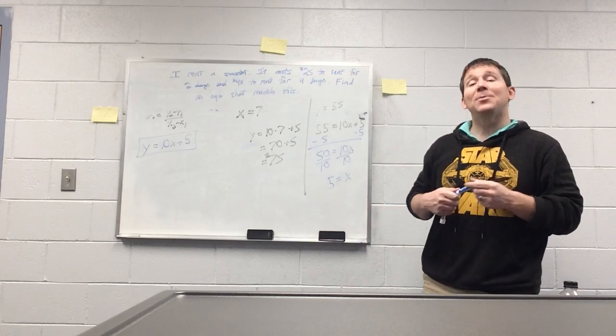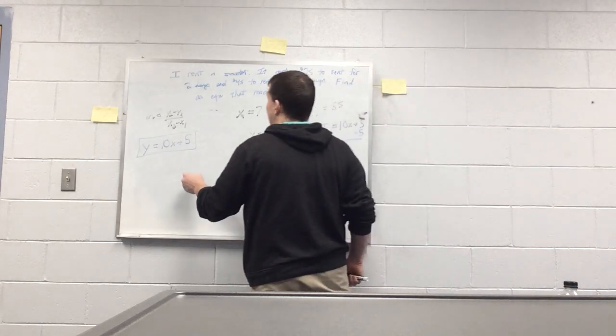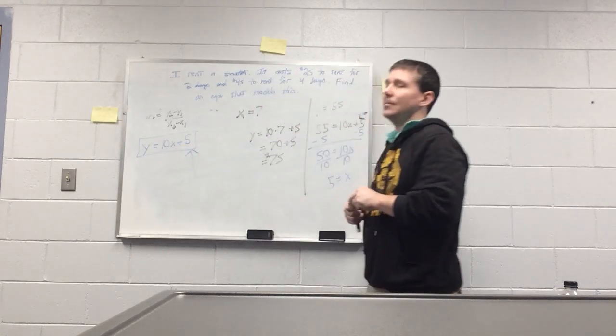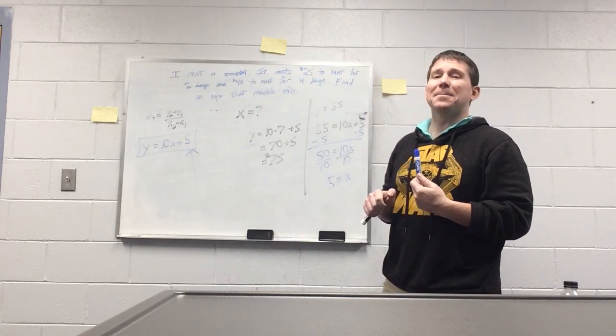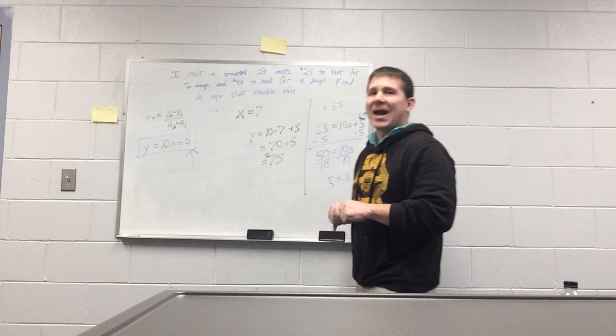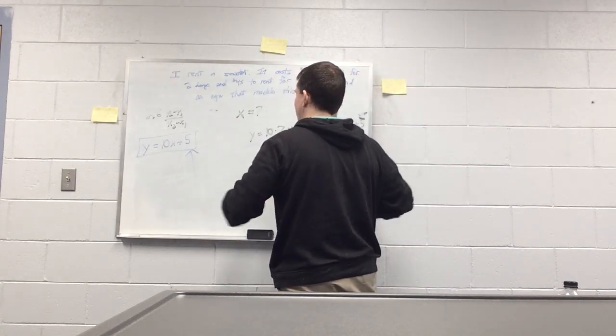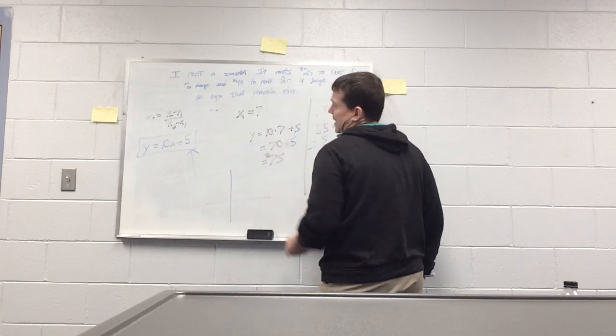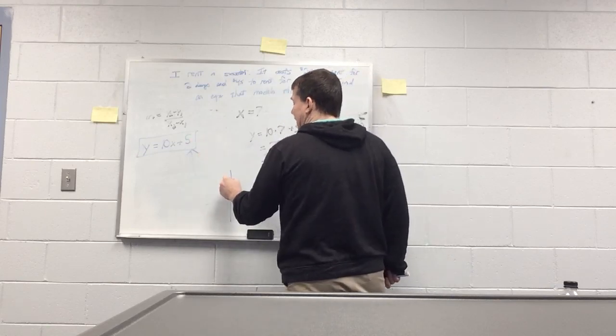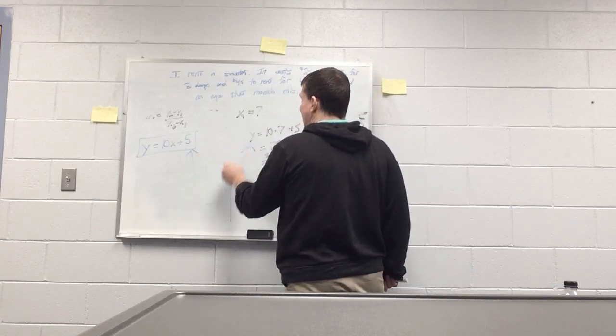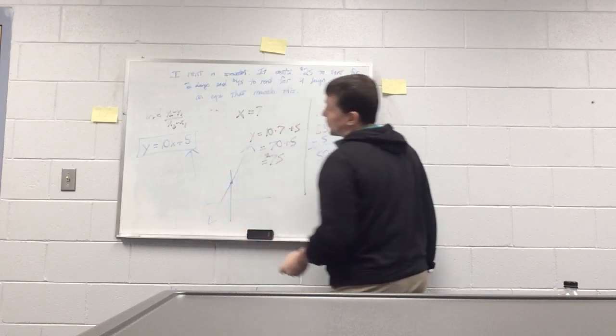The last thing maybe that we've left off, what does this 5 mean? Well, we know it's the intercept, but what does that mean? Graphically, really quickly, because this video is getting rather long, I have an intercept of 5 and a slope of 10, so my line looks like this.